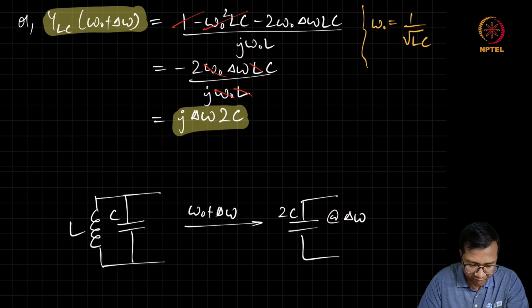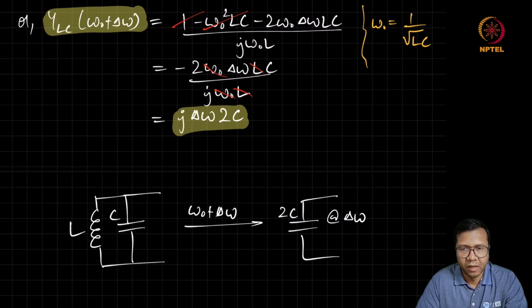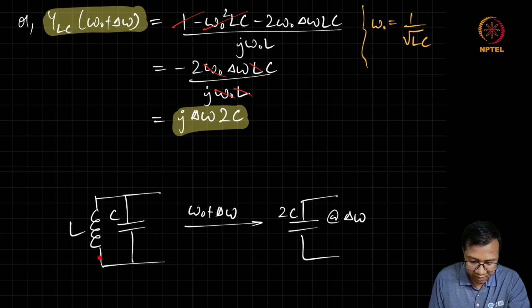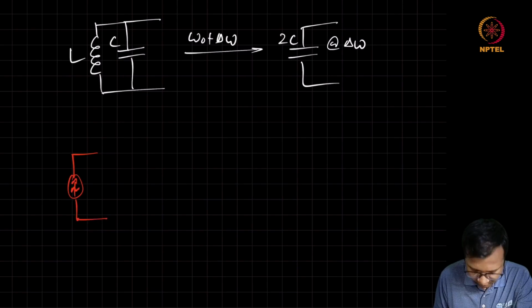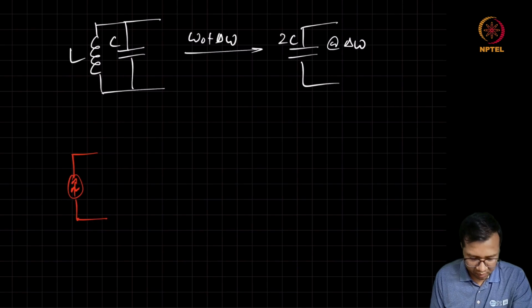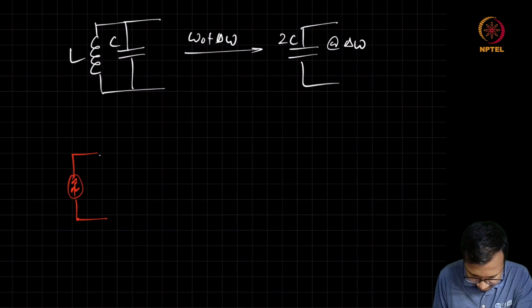Now very easily we can find what is going to be the effect of any current source in parallel to this resonator at delta omega offset. So now let's say a noise source is connected across this LC oscillator.